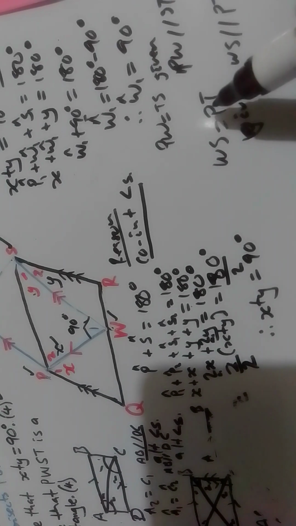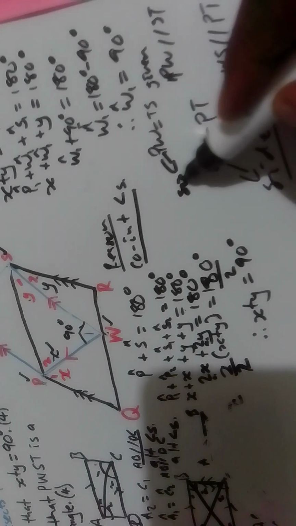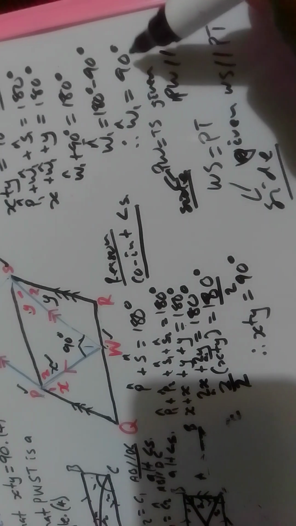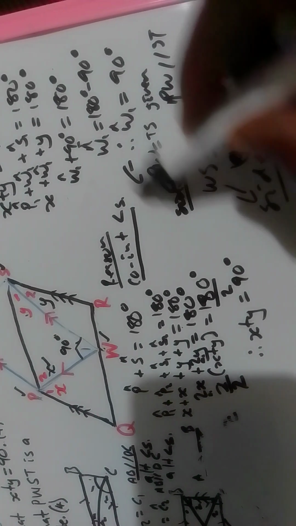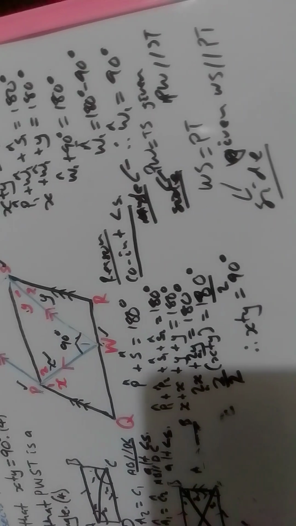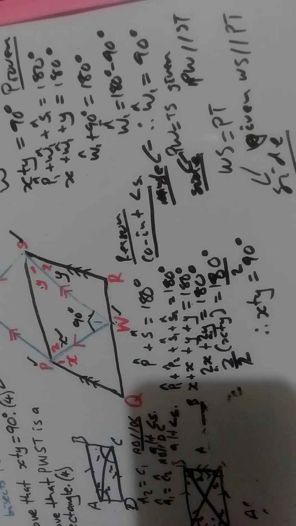Now I've proven with what? WS is equal to PT. This is a side. PW is equal to TS. It's also a side. And I proved that I had 90 degrees, which is an angle. And under my 4 conditions of congruency, what do I need?